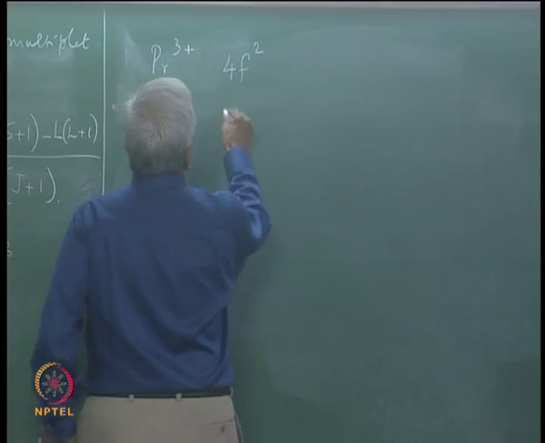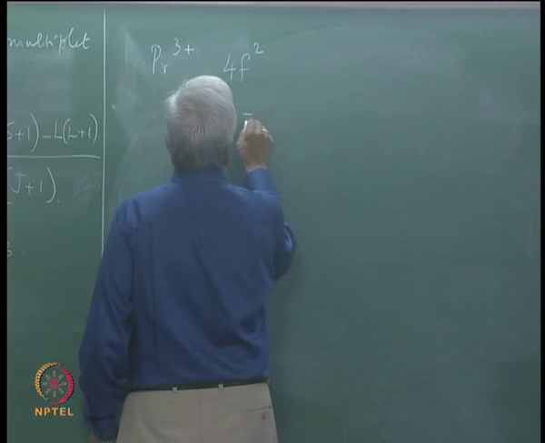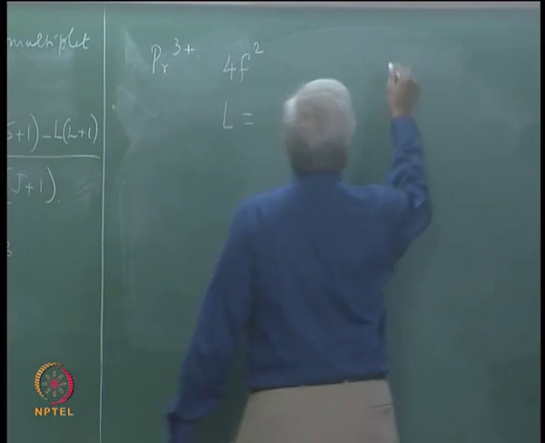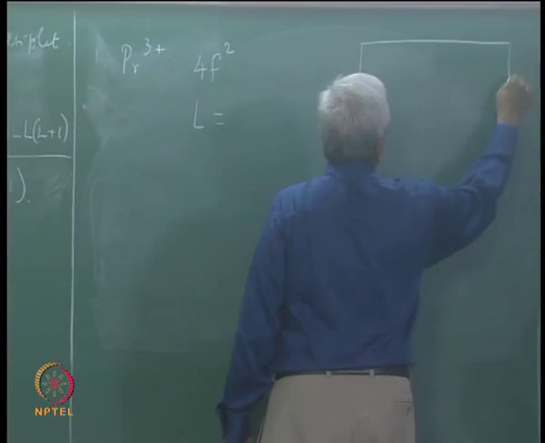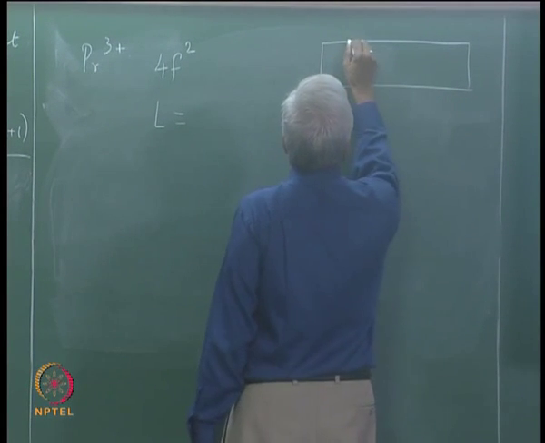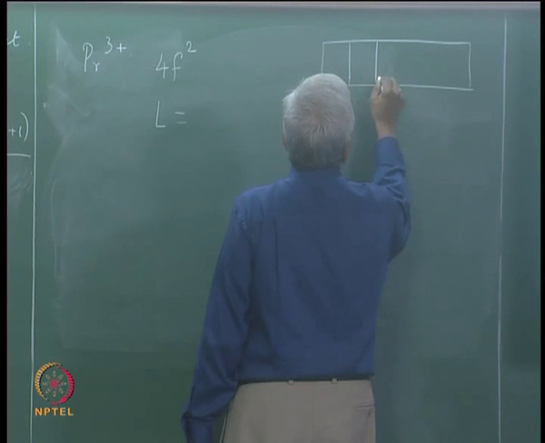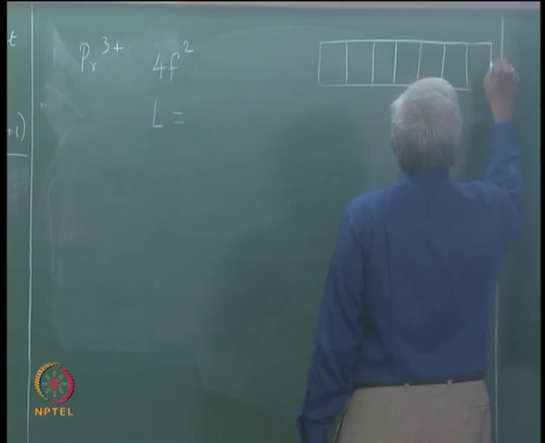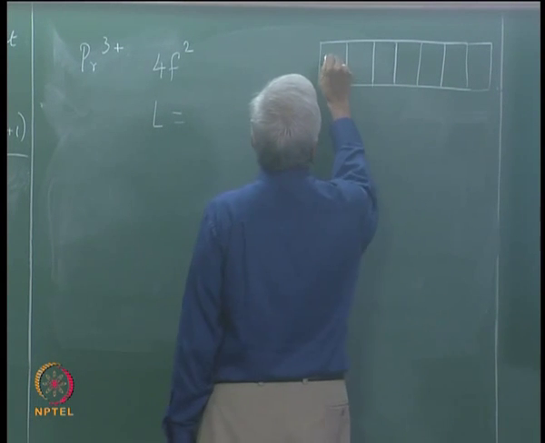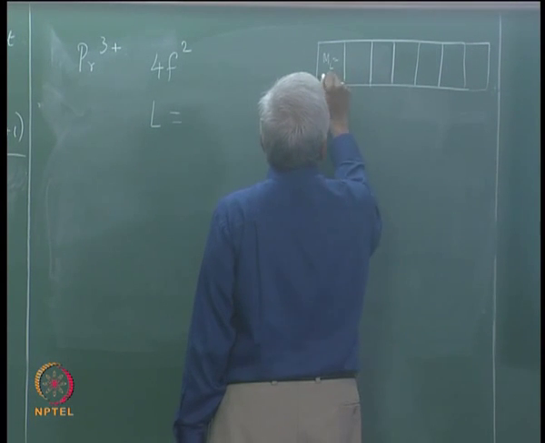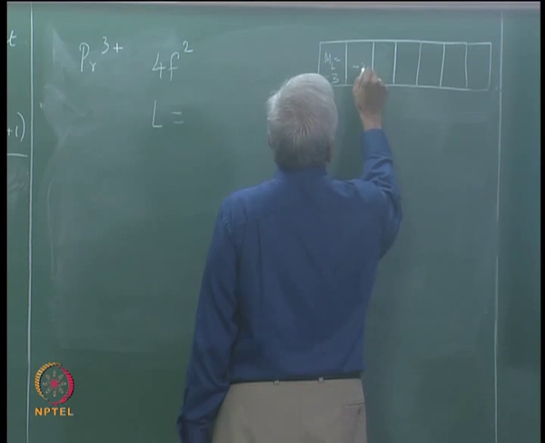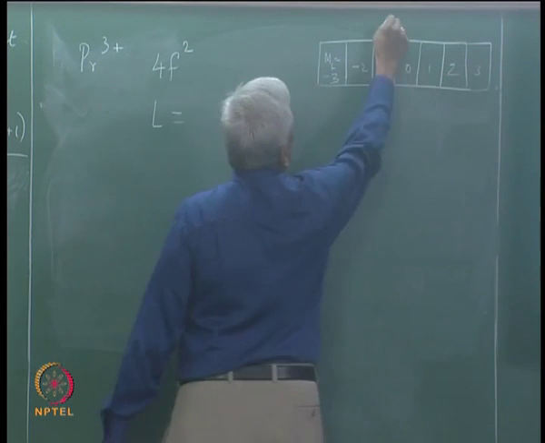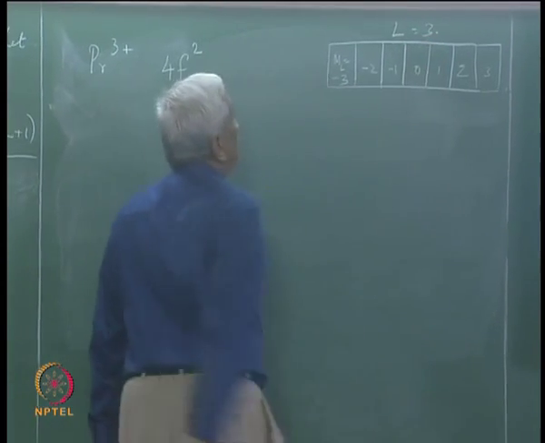And therefore, the corresponding L value: there are 2 electrons. The Hund's rules tell you if I have different values of ML, which I represent here. So, this is ML equal to -3, -2, -1, 0, 1, 2 and 3 corresponding to L equal to 3.